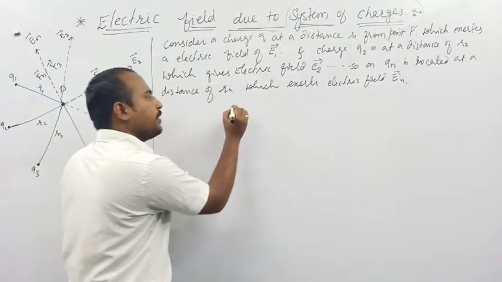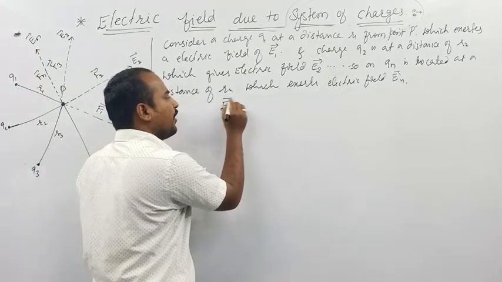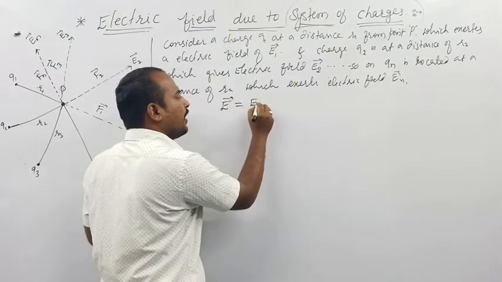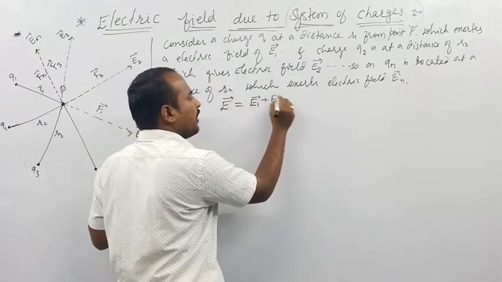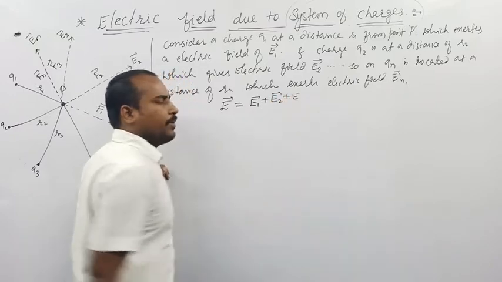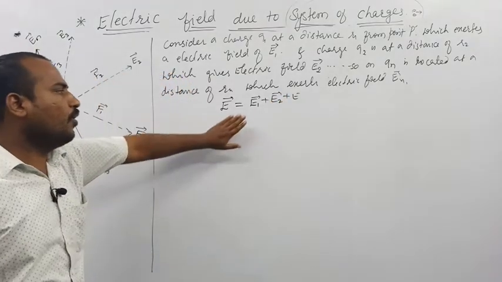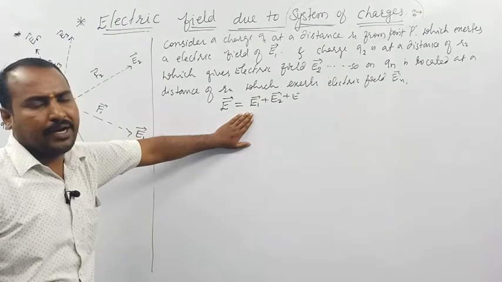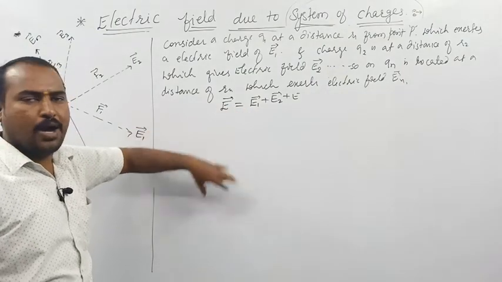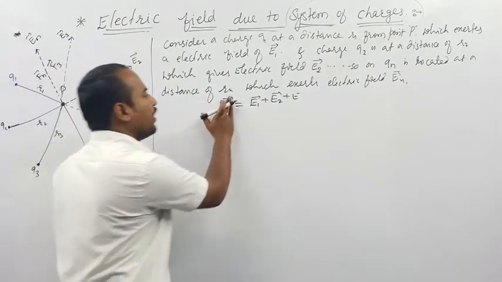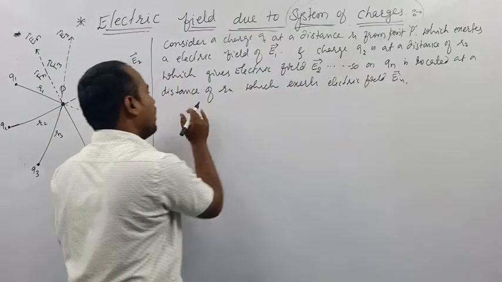And now we will use the principle of superposition, that is vector E is equal to vector E1 plus vector E2 plus vector E3 plus so on. Before that, we have to calculate the electric field due to individual charges.